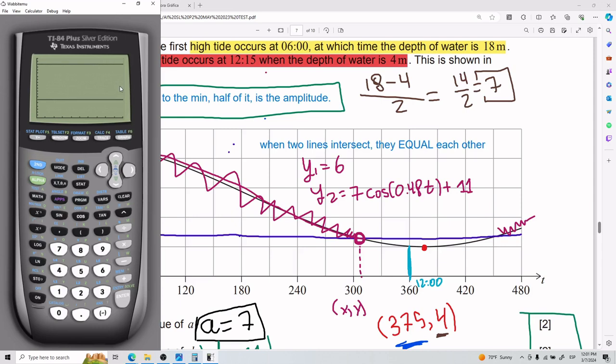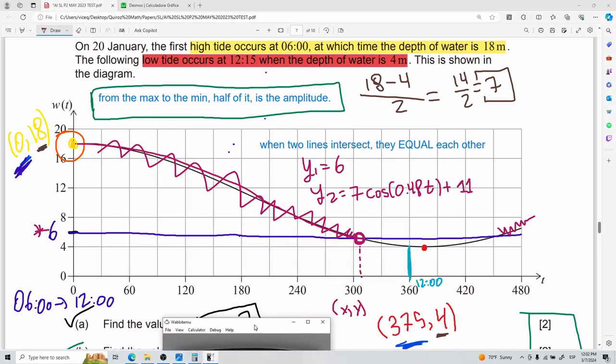And I clearly did something wrong. So let's check our work. Y1 equals 6. Y2 is 7 times cosine 0.48x plus 11. Okay, it looks right. So what is happening here? Maybe we just gotta play around with our window.